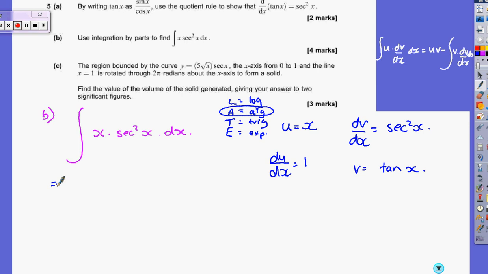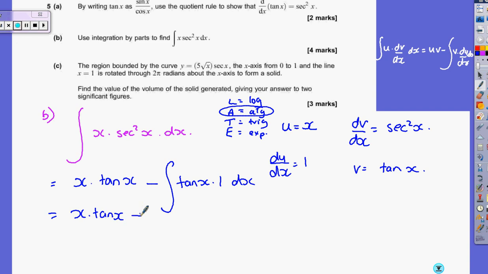So I've got u dv by dx integrated will give me u times v, so u is x, times v, which is tan x, brilliant, minus the integral of v, which is tan x, times du by dx, which is 1, with respect to x. So I've got x tan x minus the integral of tan x. Now, if in doubt, then you should look at the formula book. And the formula book has on a page, if I can find it.